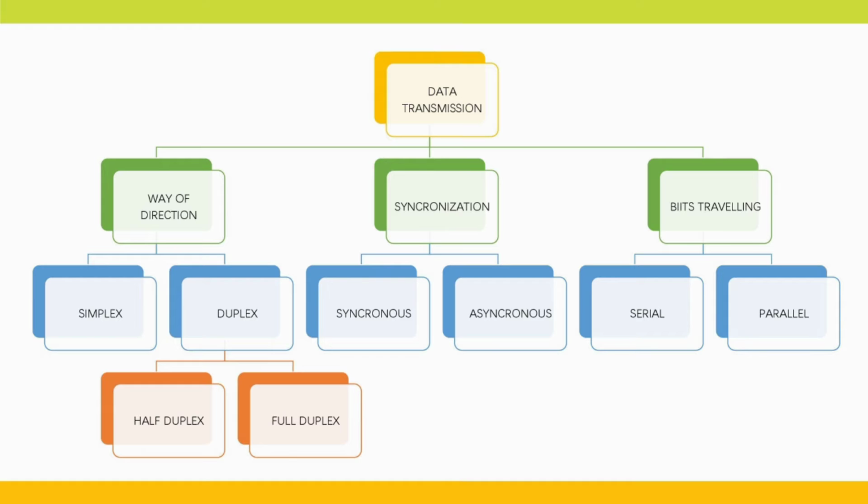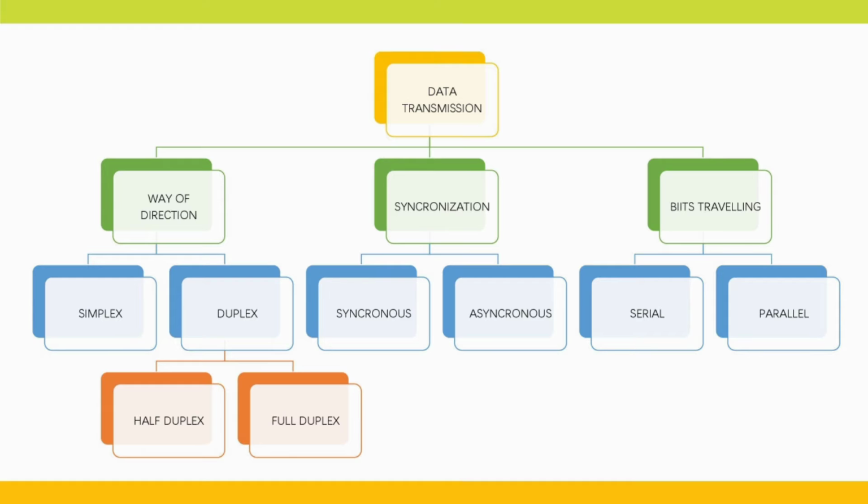The other type of way of direction is duplex. In duplex, the data travels from both sides or ends. It is also further divided in two categories: half duplex and full duplex.